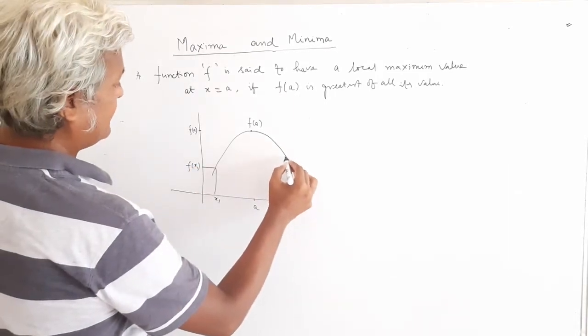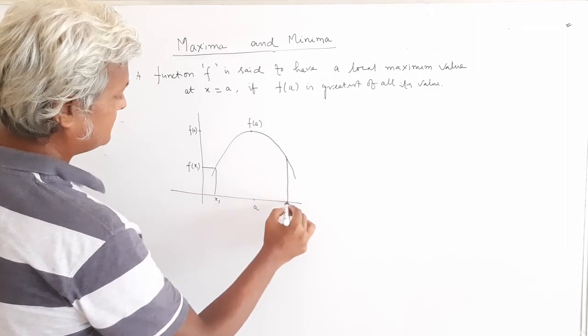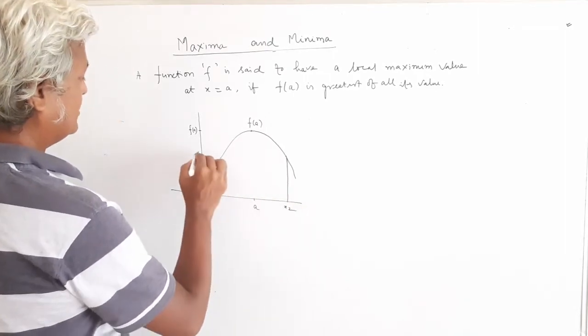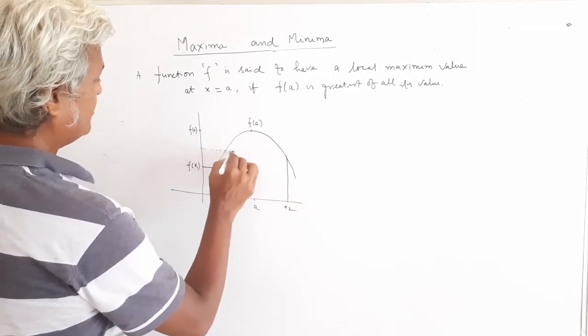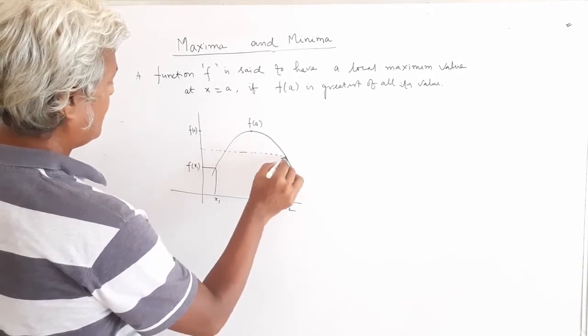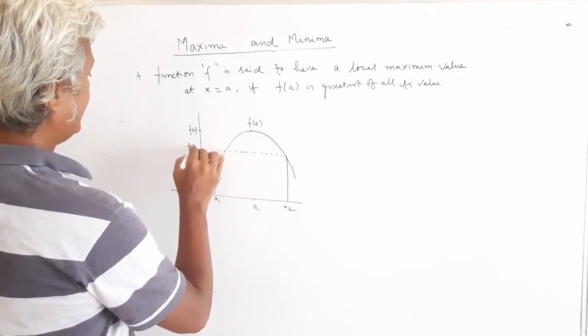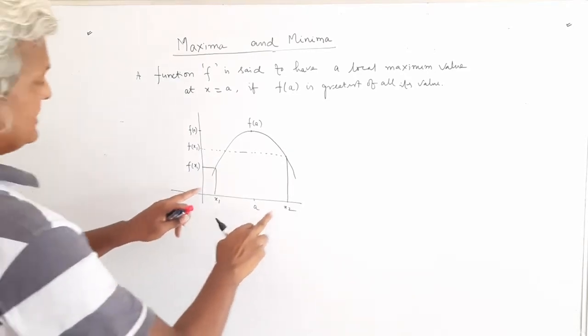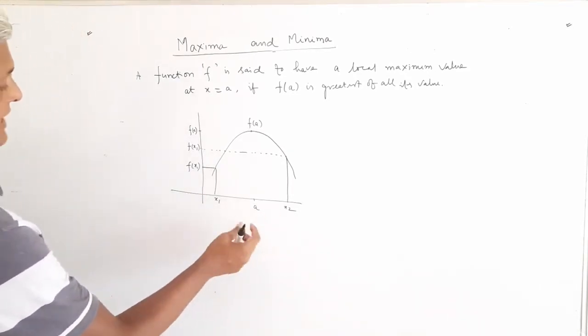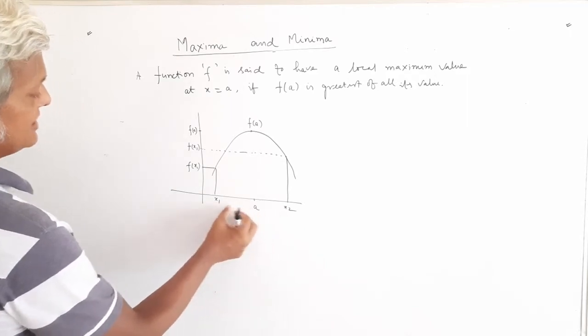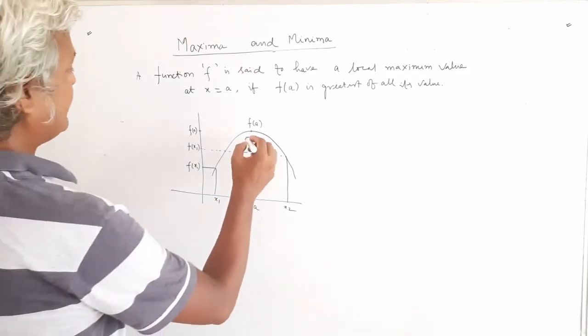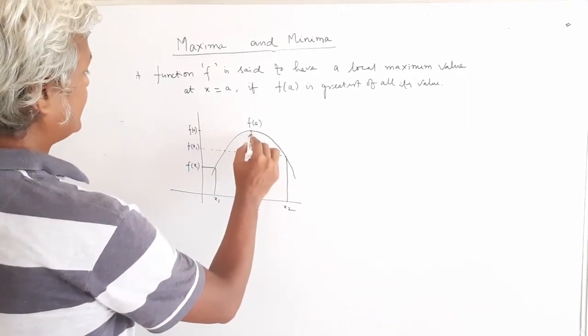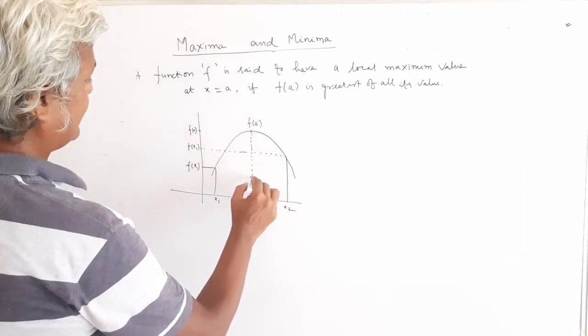If I have a value x2, then the corresponding value is f(x2). So it means you can say that in this neighborhood of a, just a little after and just a little before, a is the value where the function attains its maximum value.